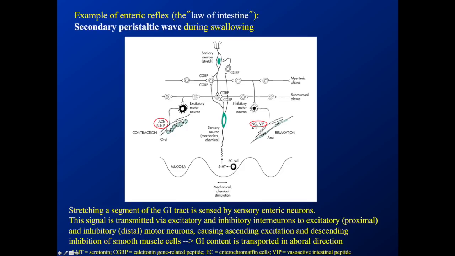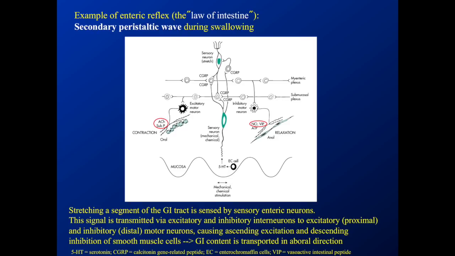The neurotransmitter in this case is calcitonin gene-related peptide that will then activate the nerves in both the myenteric plexus and the submucosal plexus, and there's a characteristic fashion of this.